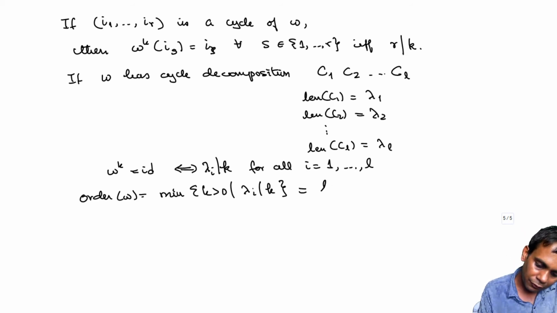But this by definition is the LCM of lambda 1, lambda 2, through lambda L.